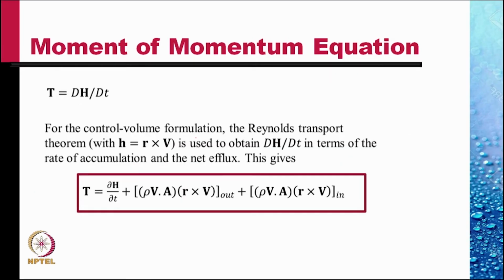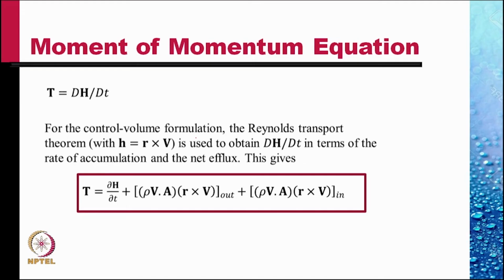For a control volume formulation, the Reynolds transport theorem with the specific value of the moment of momentum h equal to r cross v, that is the moment of momentum per unit mass, then dH by dt is obtained in terms of the rate of accumulation and the net efflux of momentum.